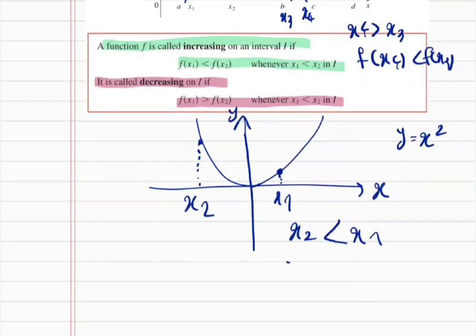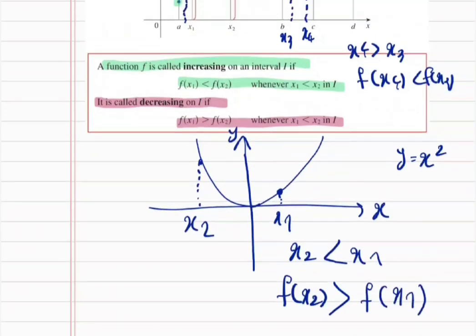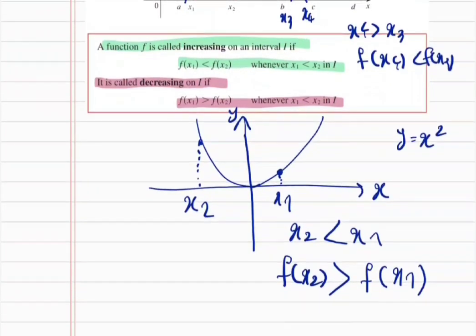But f of x2 is greater than f of x1. Based on the conditions that we saw on top, this should be a decreasing function, but it's not, as you can see, because this green bit of the curve is an increasing curve, while the function is decreasing here.